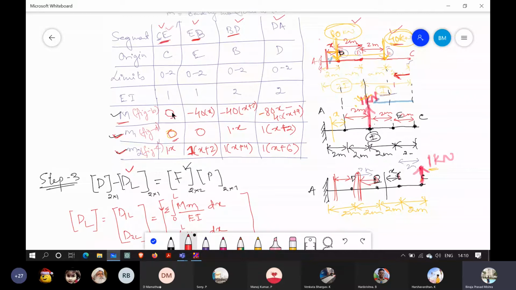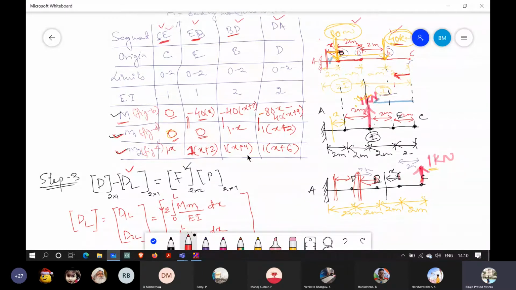This will be 0. Now again minus 40 into x into 0, so this is again coming as 0. So we are left with this one and this one.